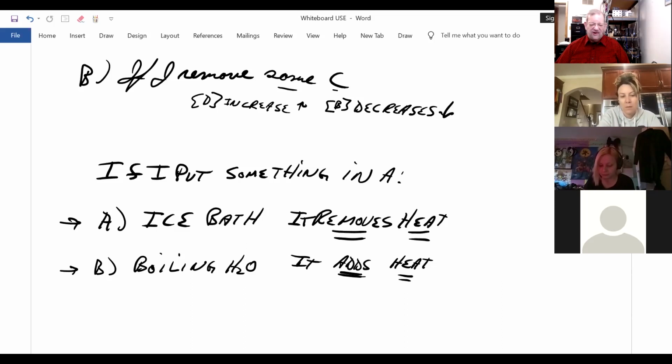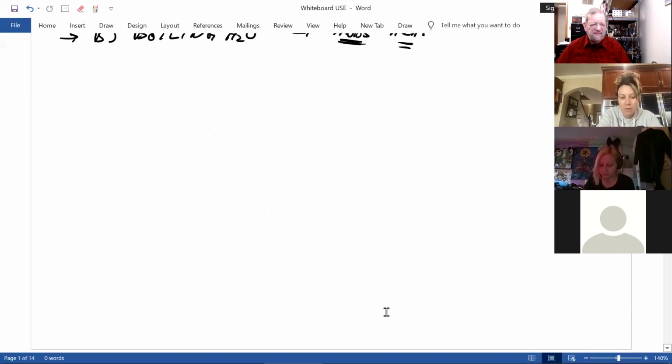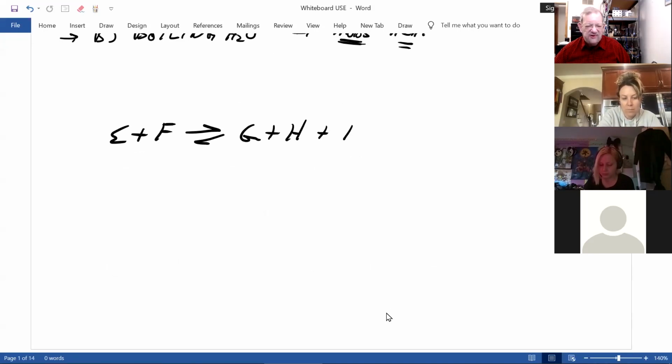So now let's look at the following. And now for Le Chatelier's principle, we'll show heat. In this case, this is an exothermic reaction.